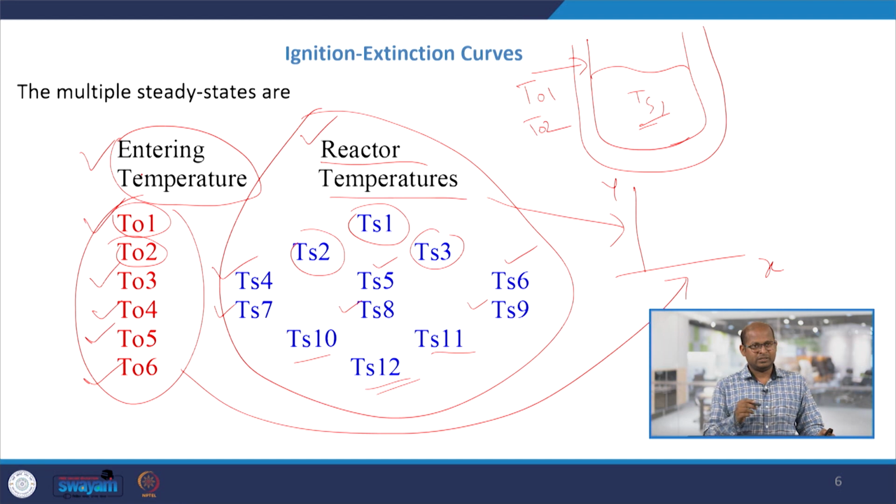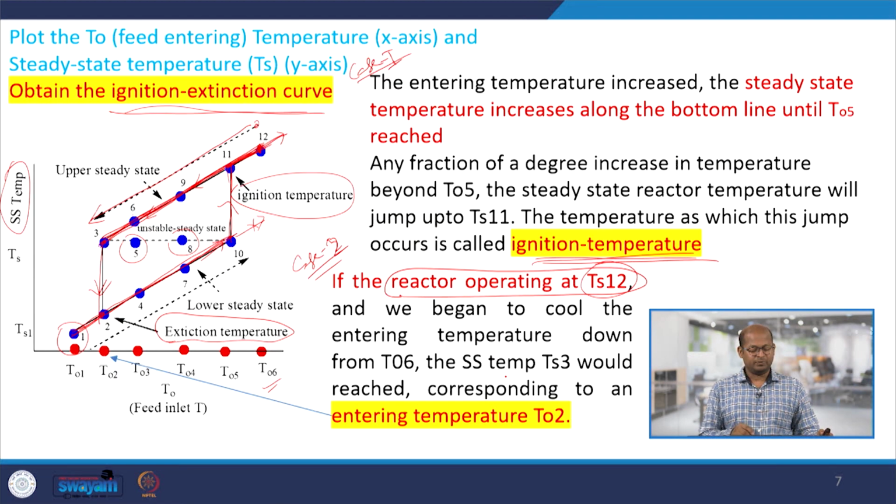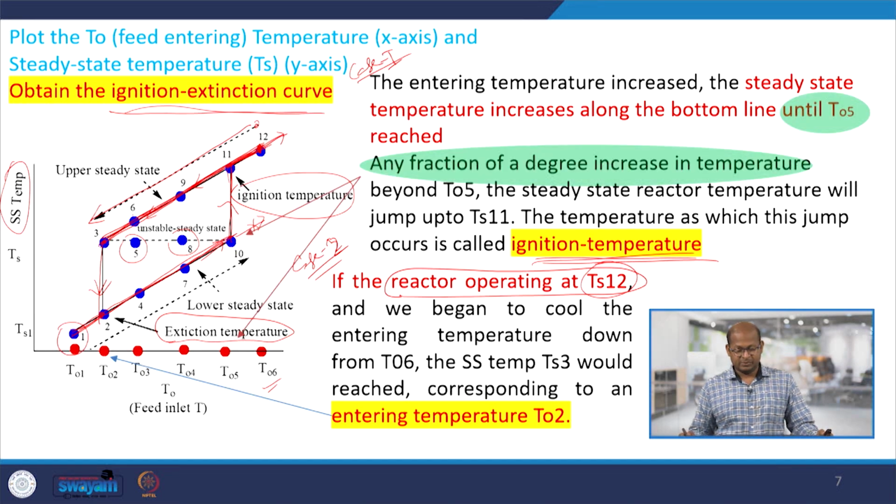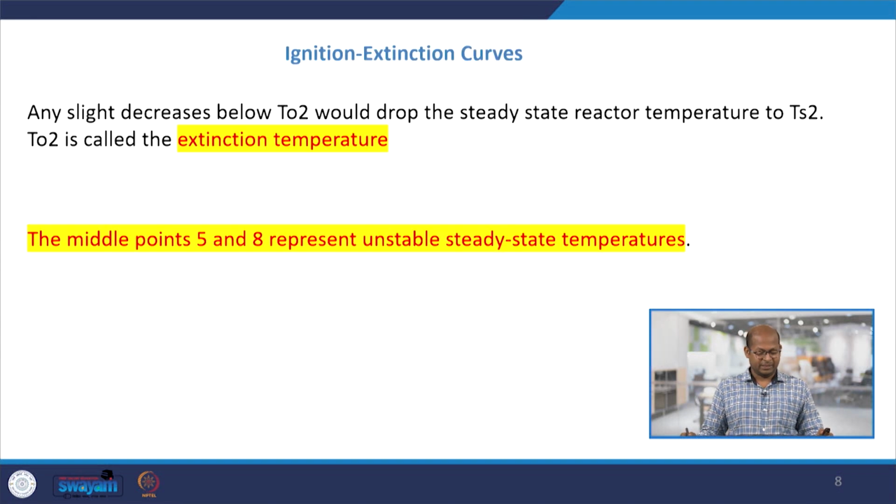For different feed inlet temperatures, we get different steady state temperatures. Then we plotted this to get ignition and extinction points for particular operations, whether increasing or decreasing the feed inlet temperature. In that way we can get ignition extinction curves, and also the unstable steady state.